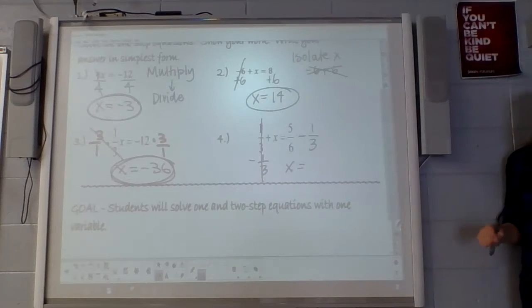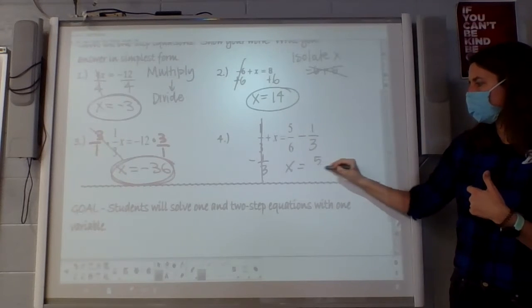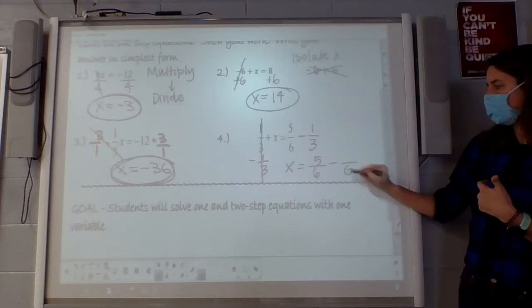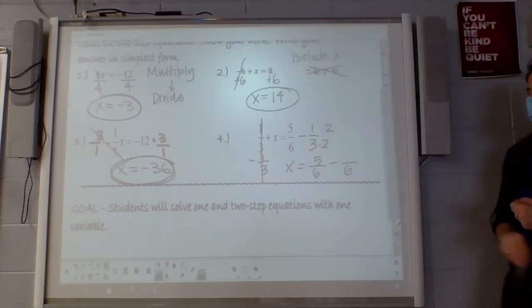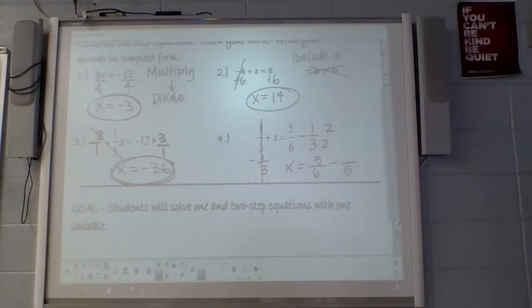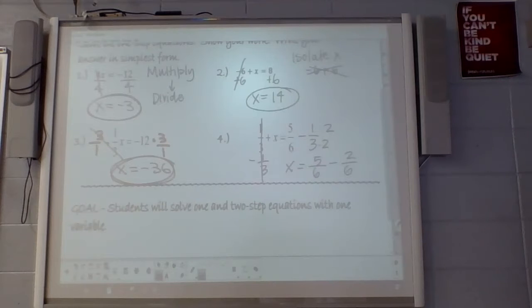Yeah, so we need to do a little bit of like terms, or common denominator, wrong vocabulary here. So I need to make them both 6. So we can multiply by 2. So 5/6 minus 2/6 is 3/6.